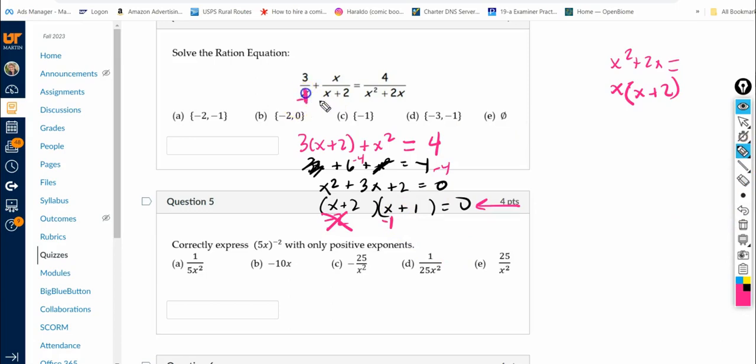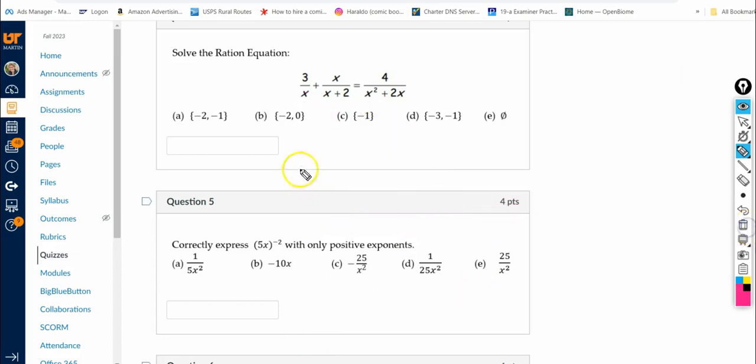It's allowed there, and negative 1 plus 2 is positive 1, so it's allowed there. And what about here? I'd get in the denominator positive 1 minus 2, which is negative 1. So that's allowed, and my answer is just negative 1 on its own. So I'm going to type in C.